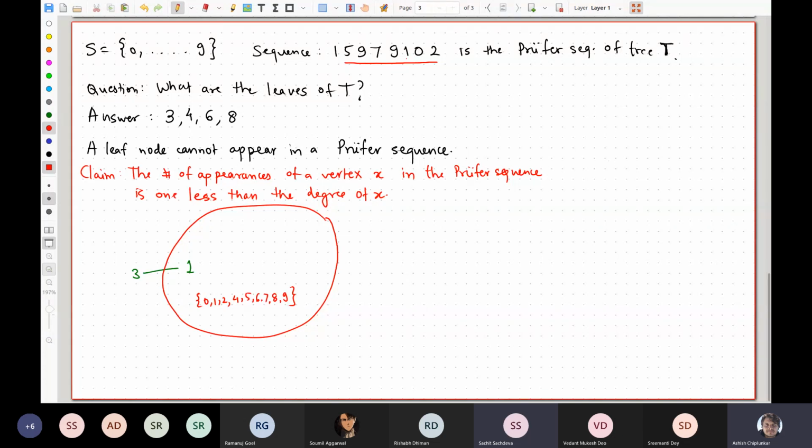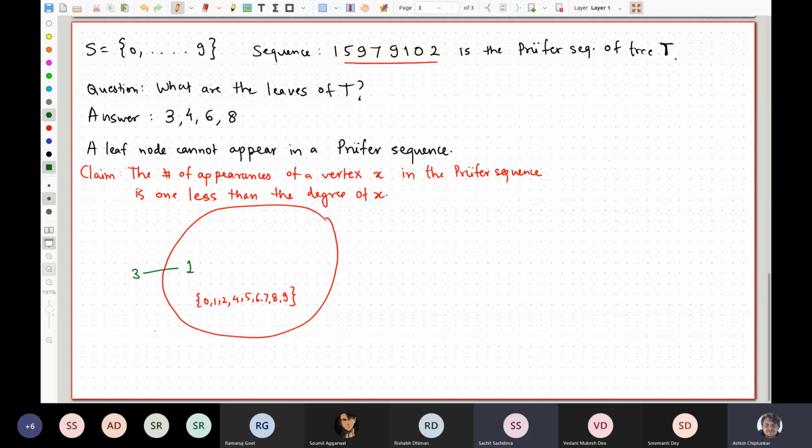A leaf cannot appear in the prefer sequence. 5? No, but 5 also appears in the prefer sequence. 4, sorry, sir, I'm getting confused. Yeah, 4. Okay, good. And its neighbor will be 5. 5, exactly.